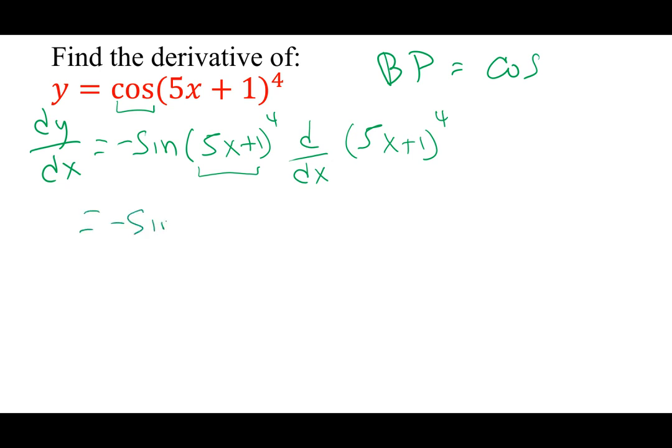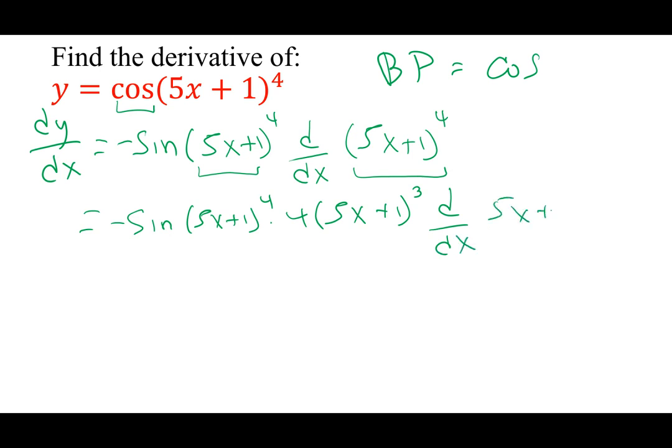Then negative sine of (5x plus 1) to the 4th. To take the derivative of this, you're going to bring down the 4. You're going to take the entire quantity to the 1 less power. And now you have to do the chain rule again for the new inside. So negative sine of (5x plus 1) to the 4th times 4 times (5x plus 1) cubed.